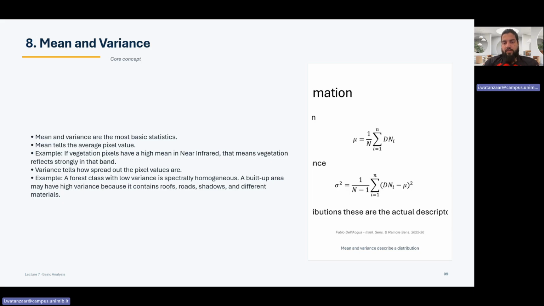Because of the mixture of different things: construction in the middle, bare soil, some grass, and roads, which cannot be properly differentiated. So there is a high chance of variance in a built-up area, as it contains roofs, roads, shadows, and different materials. This is exactly what variance is looking for.